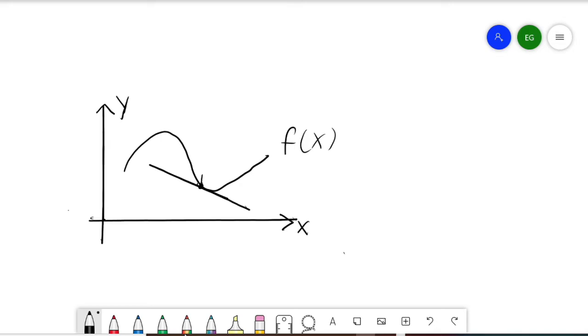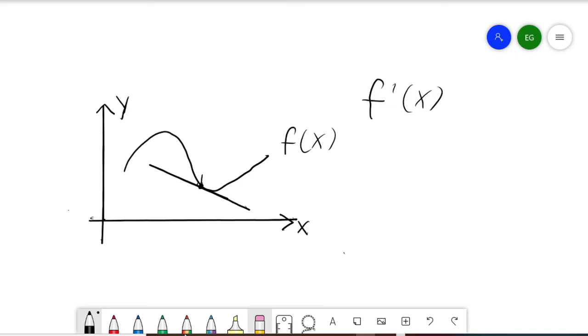And the derivative generally of a function f of x, we write like this, f prime x. This will be the general formula for the slope of any tangent to the function at any point x.